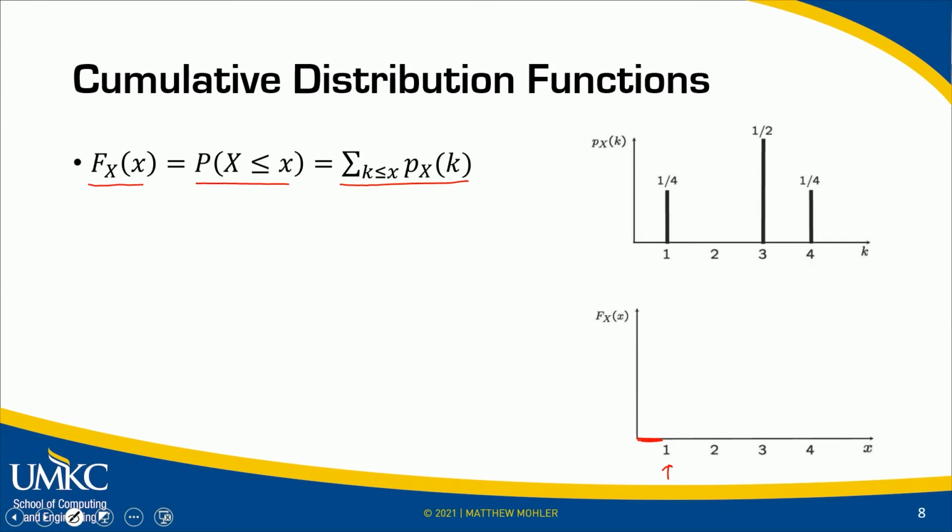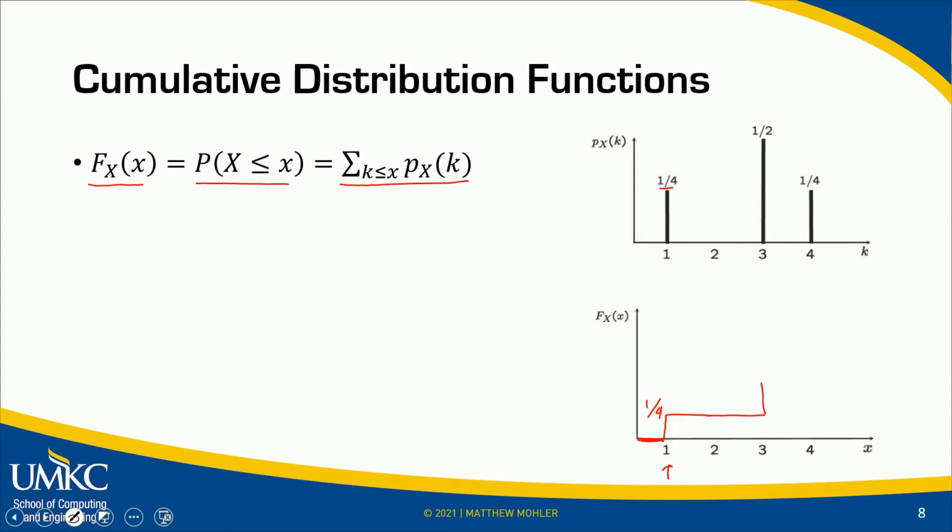But as soon as we reach our probability mass function of 1, we see that this has a mass of 1 over 4, or 1/4. So our cumulative distribution function is going to have a stair step to it, and this value right here is going to be 1/4. Now, we can keep moving, and this will just keep progressing until we have our next probability mass at 3, which is 1/2.